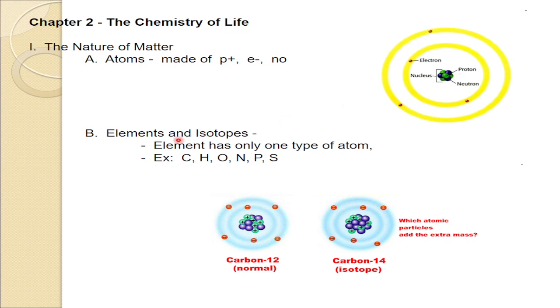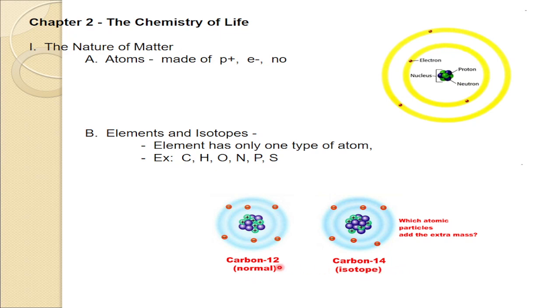So there is a difference between elements and isotopes. An element has only one type of atom. We have examples: carbon, hydrogen, oxygen, nitrogen, phosphorus, and sulfur. For isotopes, we have two types of carbon right here, but basically they are both carbon.